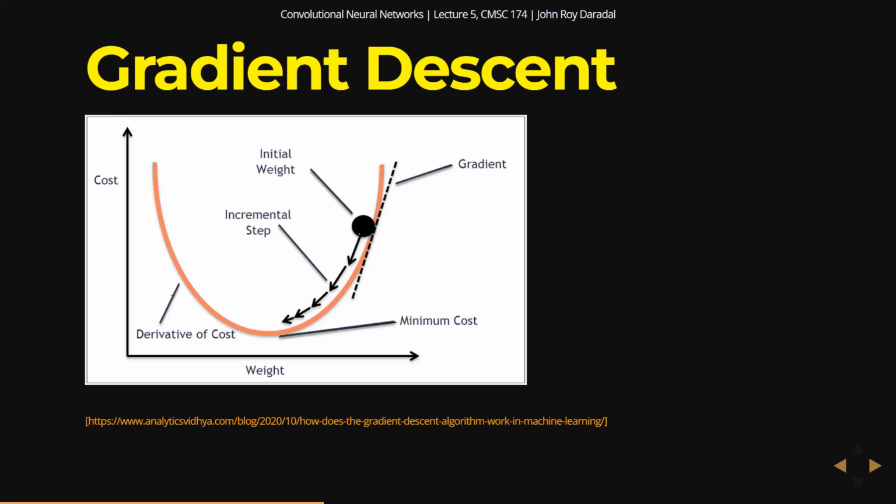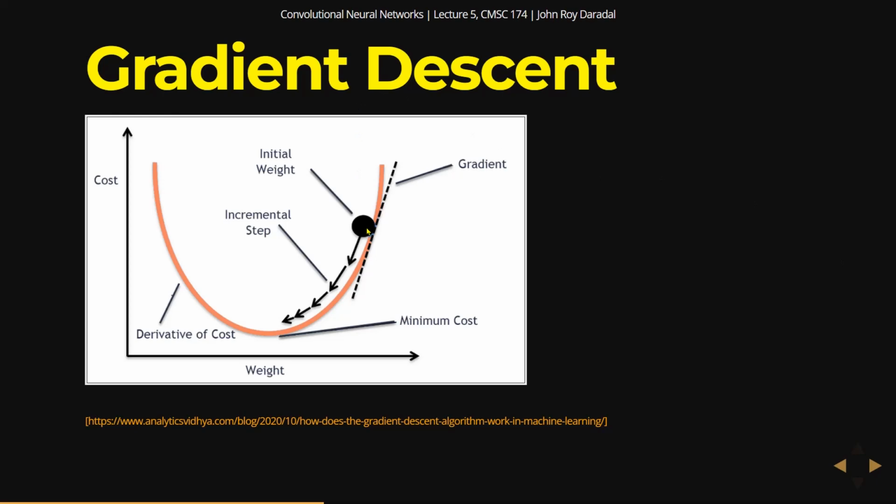So you step in some direction, you adjust the model, and then it will have a lower cost, and then adjust the model again, and it will hopefully have a lower cost, and adjust again, lower cost, until such time that it will find the point wherein it has the minimum cost already, and it cannot improve anymore. That is the goal, to reach this point here that has the minimum cost.